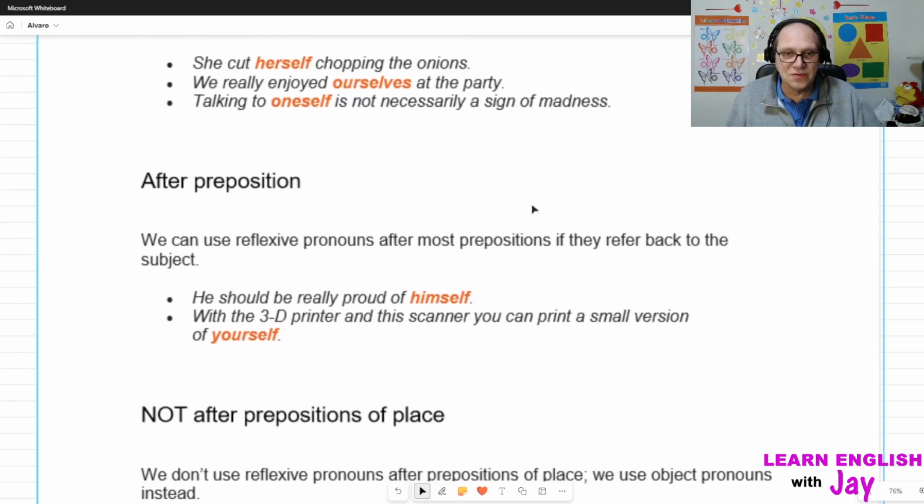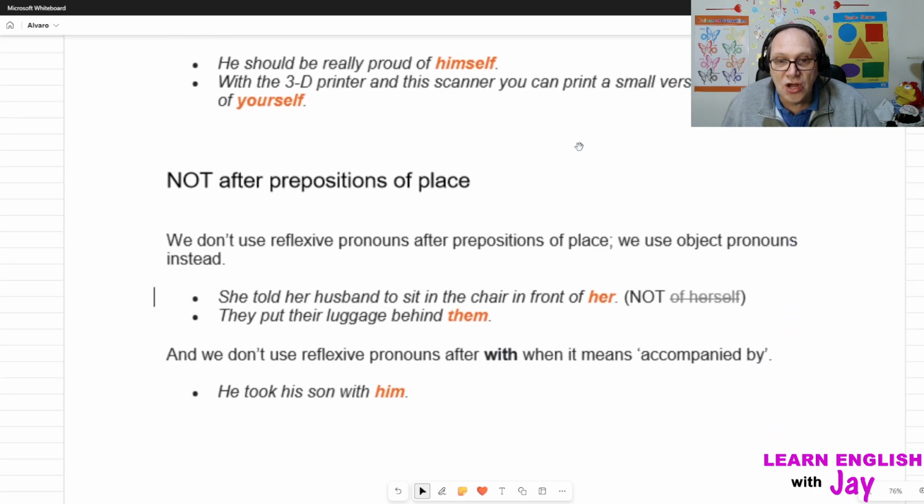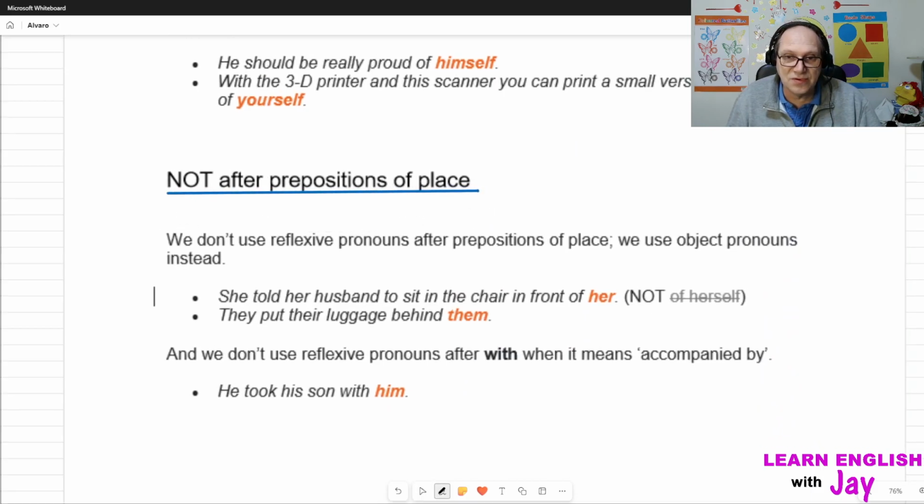Reflexive pronouns. We normally use reflexive pronouns after most prepositions if they refer back to the subject. If they refer back to the subject, only then. He should be really proud of himself. It reflects back to the subject. We do not use it, and this is very, very important, after prepositions of place.